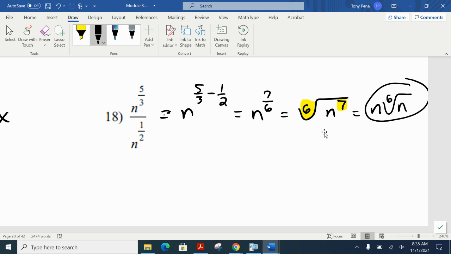Is it all the same? Yes. Neither, just because they're not like terms. So when you come to these, these are both sevens. You can't combine them.